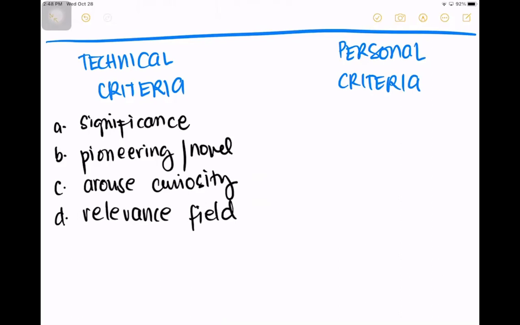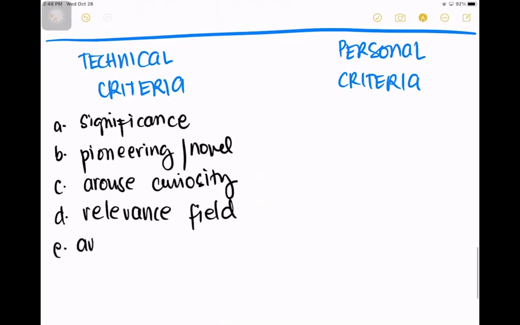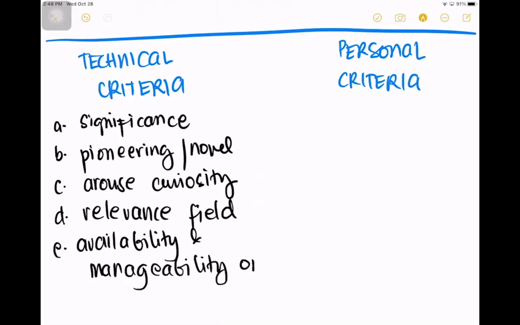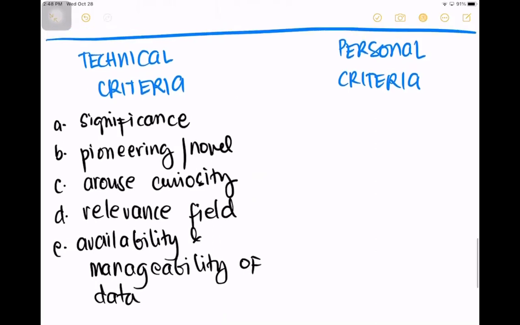And then availability and manageability of data. Okay, availability and manageability of your data. So, that's what we talked about a while ago. Is it available? Can we actually gather them according to our resources?